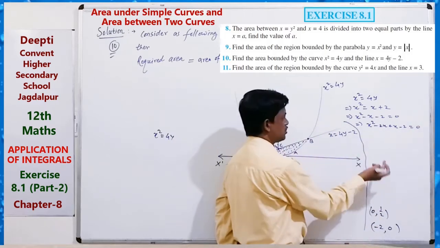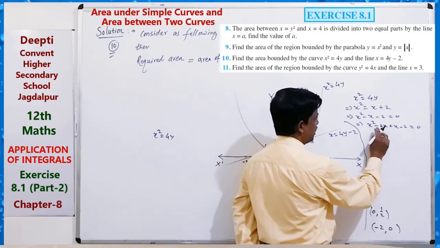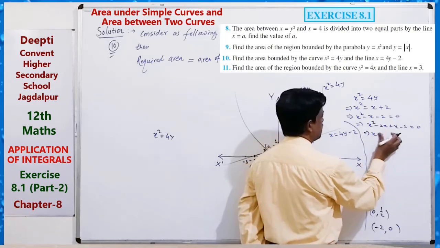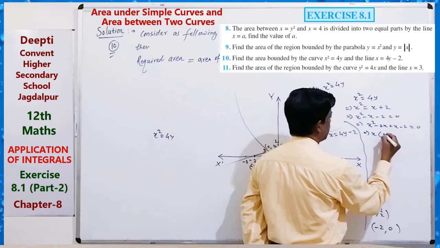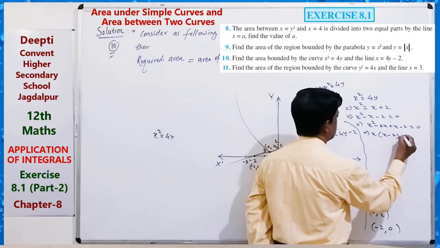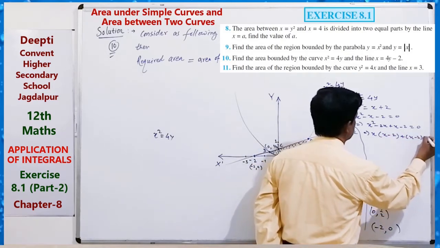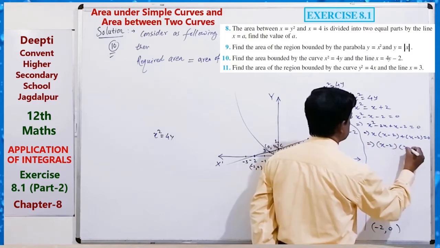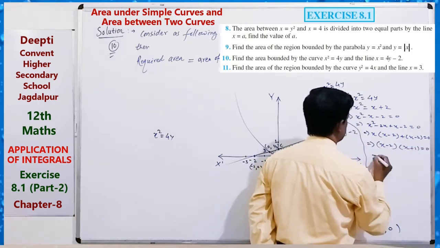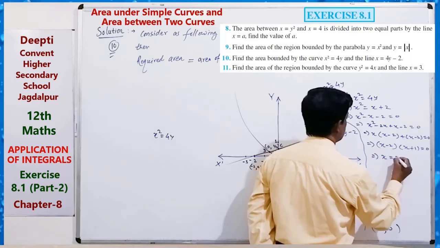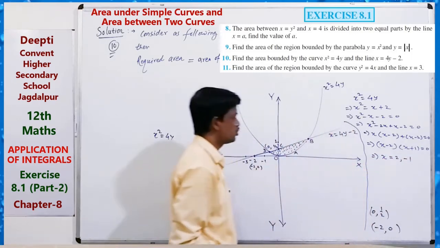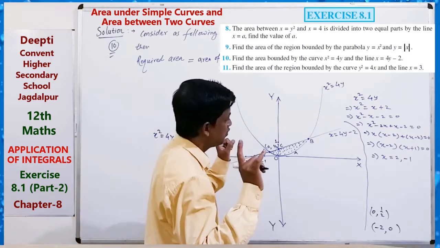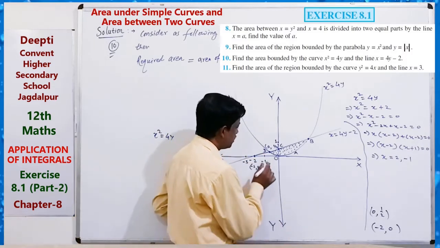So x minus 2 common, x minus 2 plus x minus 2 equals to 0. So what? X minus 2 and x plus 1 equals to 0. That is x equals to 2 and minus 1. Minus 1 means this is minus 1.